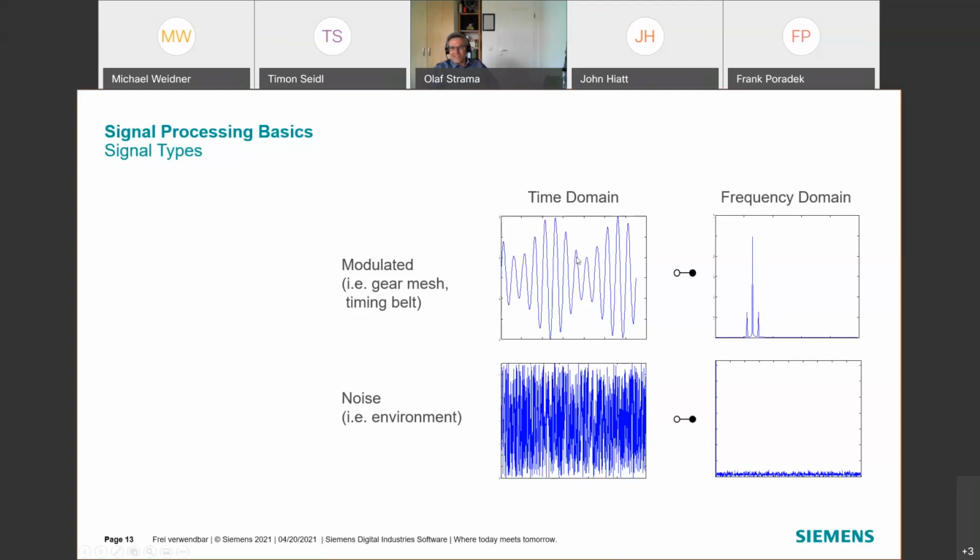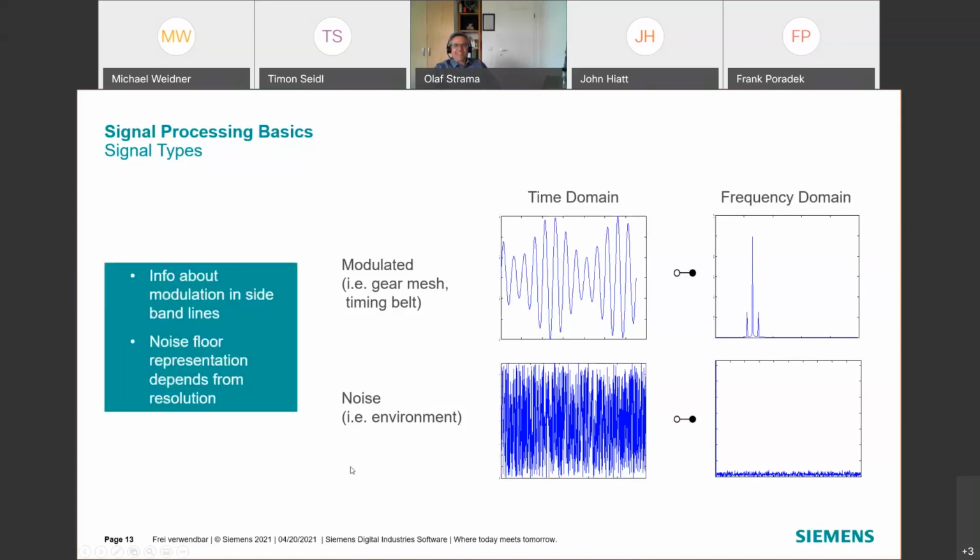You remember this picture is from the elliptic gear. If the elliptic shape is quite strong, then we have really loud sideband lines. If there is only a very small elliptic shape of the gear, then these sideband lines have quite a low level. And if the noise is higher than the level, we do not see them, and we cannot assess the elliptic behavior. So the noise floor is always interesting.